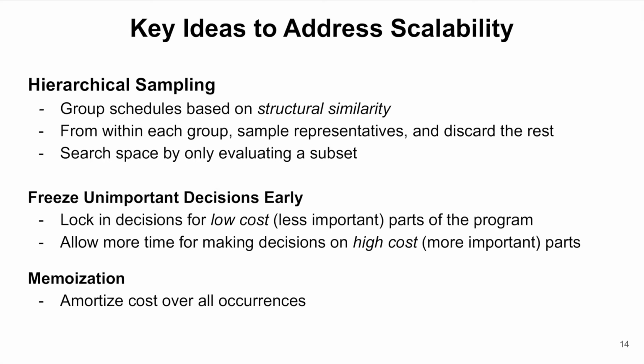The second idea is to identify low-cost parts of the program and make coarse-grained decisions for them at the beginning of the autoscheduling process and freeze those decisions. We then spend relatively more time making decisions on the high-cost or important parts of the program. Third, we recognize that partial schedules frequently reoccur during the autoscheduling process. We want to amortize the cost associated with each partial schedule over all its occurrences.